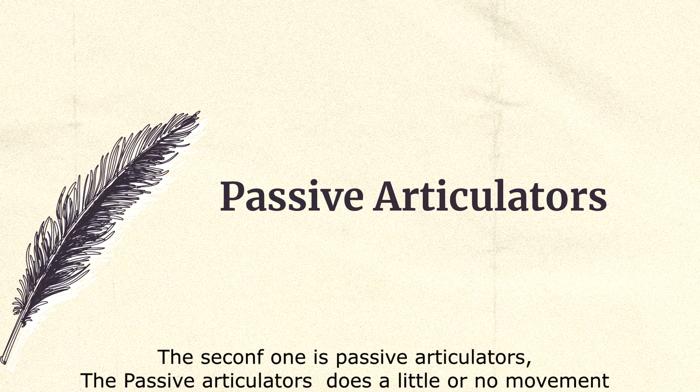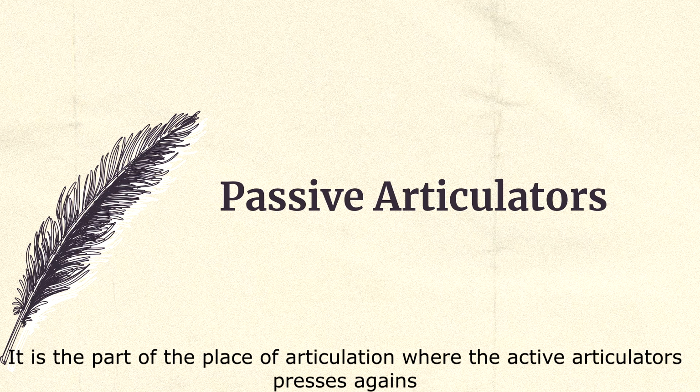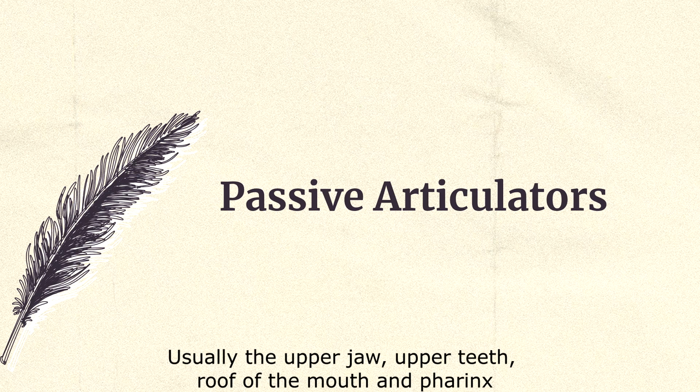The second one is passive articulators. The passive articulator does little or no movement. It is the part of the place of articulation that the active articulator presses against, usually the upper jaw, upper teeth, roof of the mouth, and pharynx.